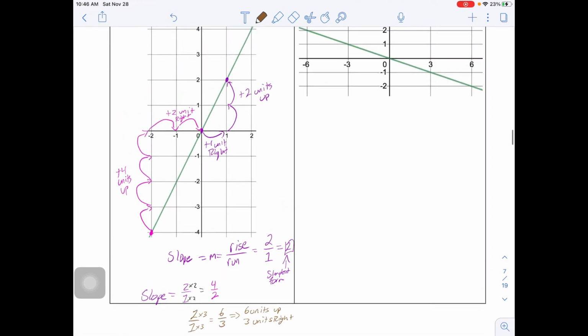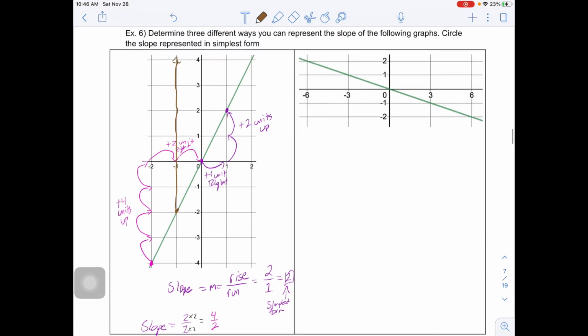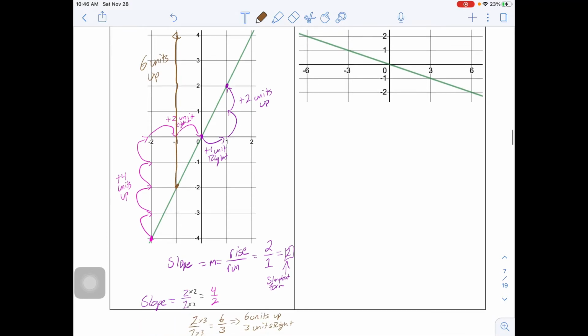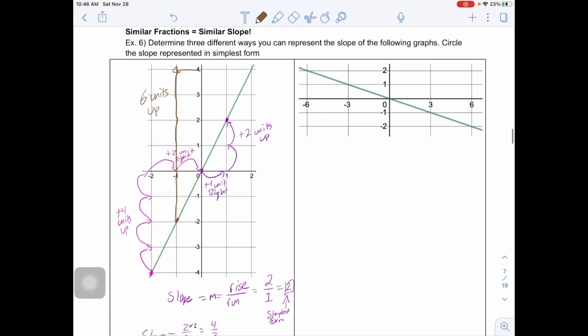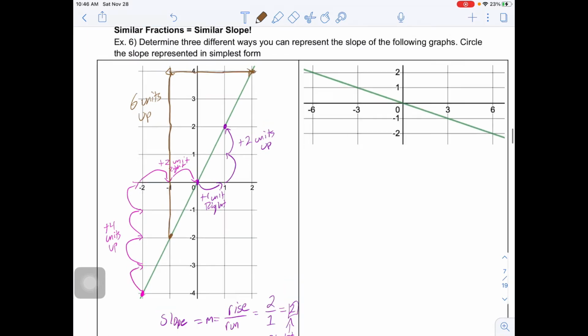Let's maybe choose this point and see what happens. If I go 6 units up, 1, 2, 3, 4, 5, 6, okay, so this is 6 units up. And then it says to go 3 units right, so 1, 2, 3 units right. And it looks like we end up on another point.